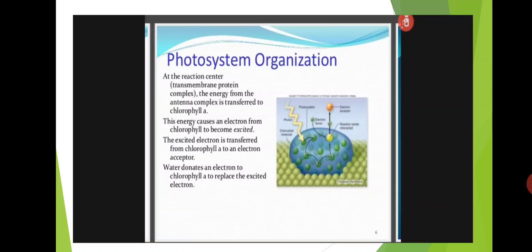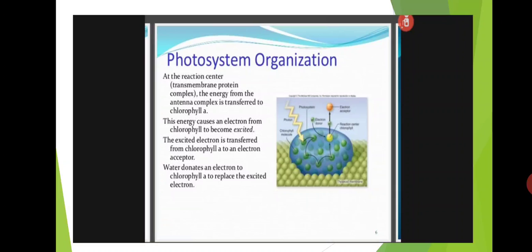That excited electron is transferred from chlorophyll to the electron acceptor, and another electron replaces the excited electron. This total process is called the photosystem process.